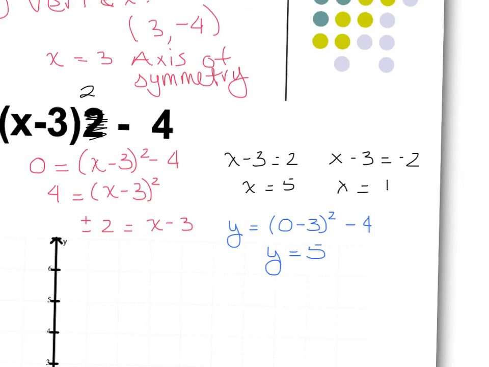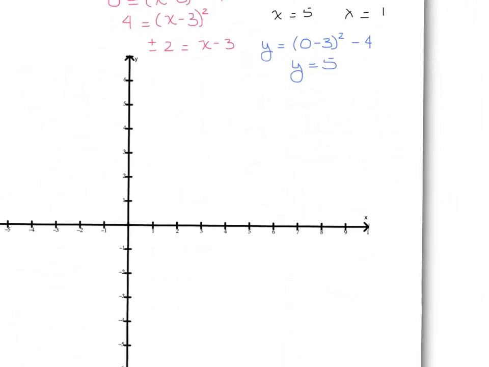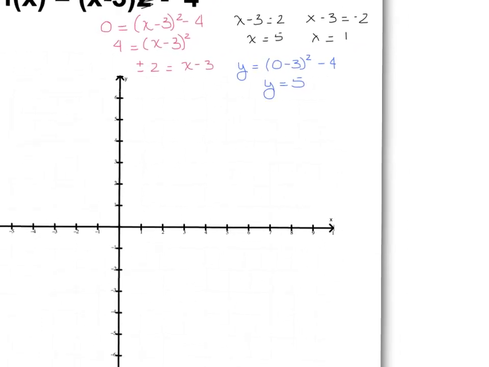So let's start with the vertex at 3, negative 4. Our 2 x-intercepts at 5 and 1, and our y-intercept at 5, and then we just connect the points.